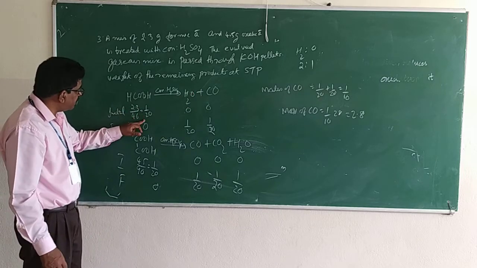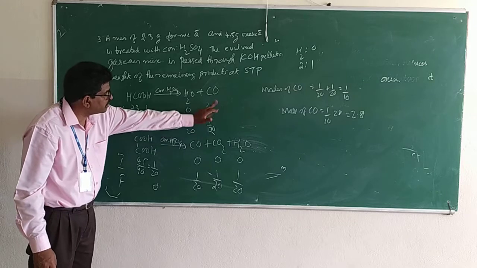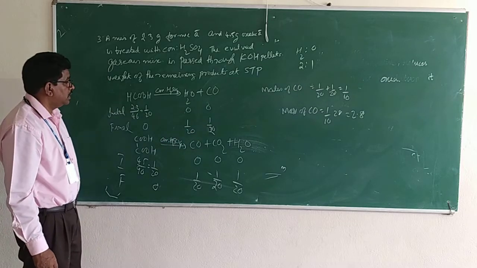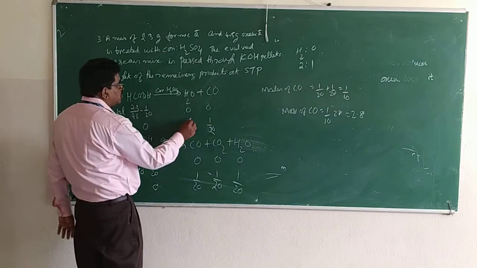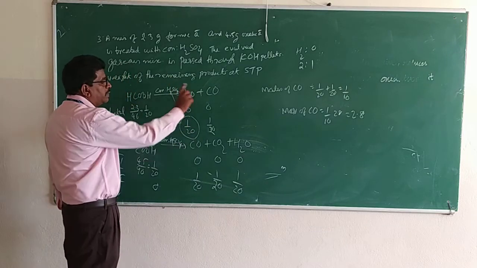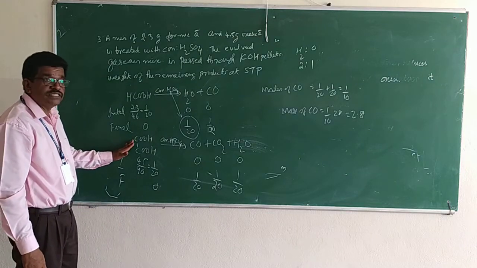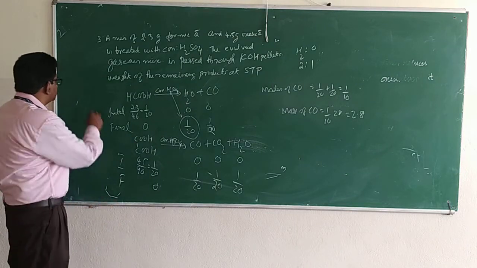So from 1 by 20 moles, 1 by 20 moles of water and 1 by 20 moles of carbon monoxide will be formed. And that water will be absorbed by concentrated sulfuric acid. So remaining only carbon monoxide. Similarly, oxalic acid is H2C2O4.